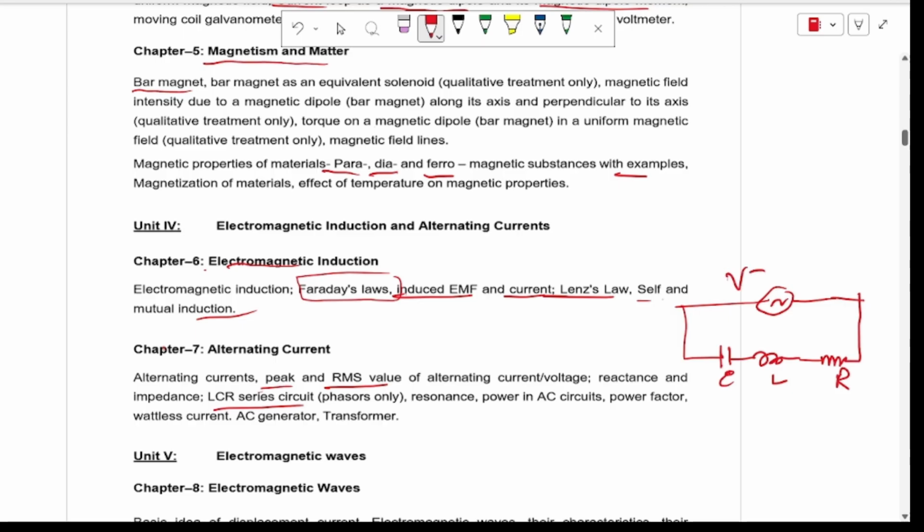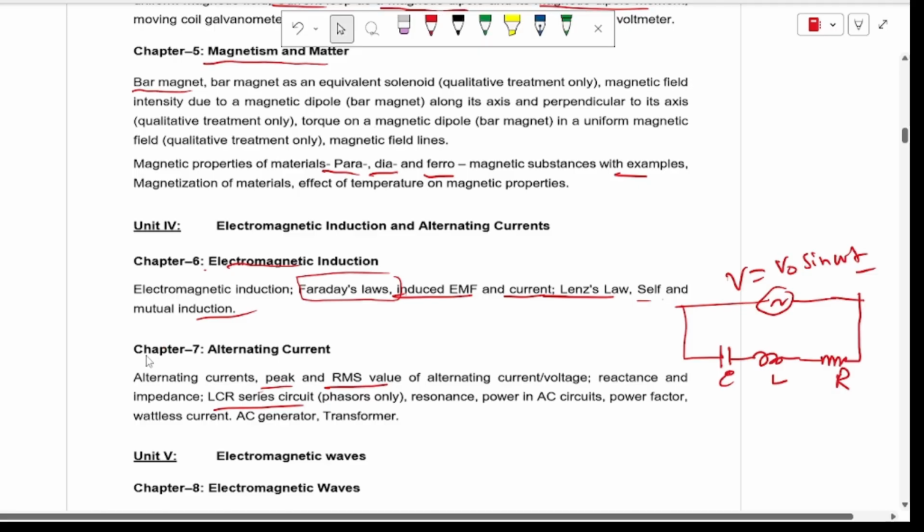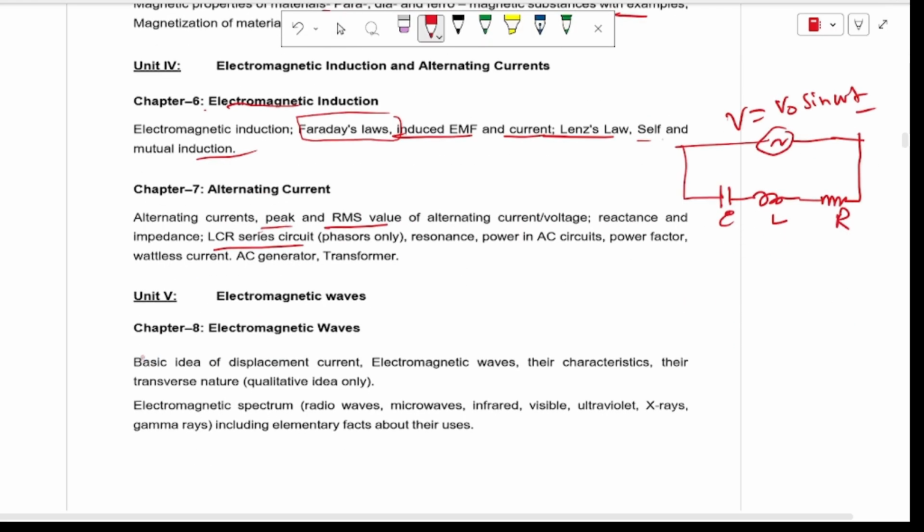So V equals V naught sin omega t. What is the expression of current? Does current lead or lag behind the voltage? Then AC generator, transformers.